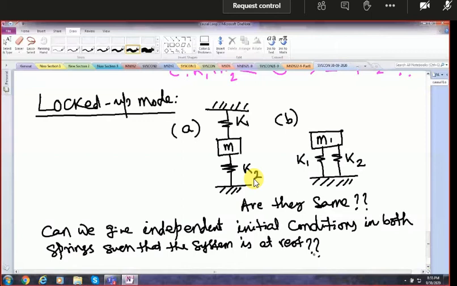Tell me which one we can do, which one we cannot.